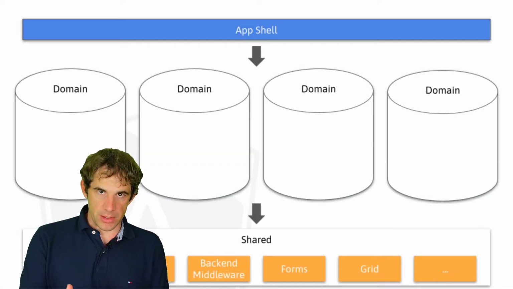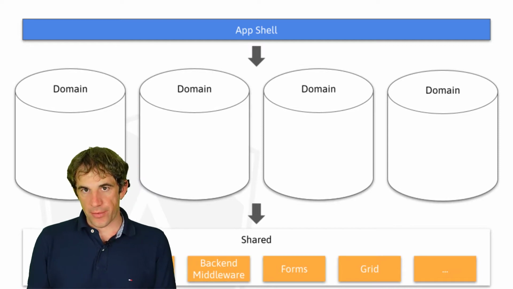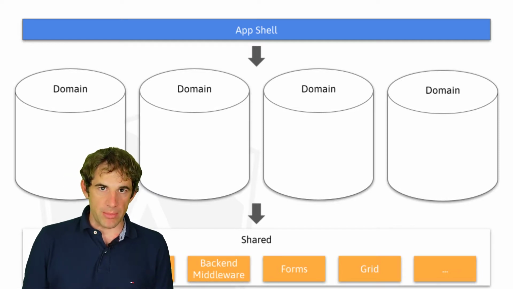So how could such an architecture look like? I am presenting here the architecture which has been introduced by Nx in their enterprise monorepository patterns, and we have extended it with domain-driven design. The architecture itself consists of two levels, and at the first level we have our domain modules.